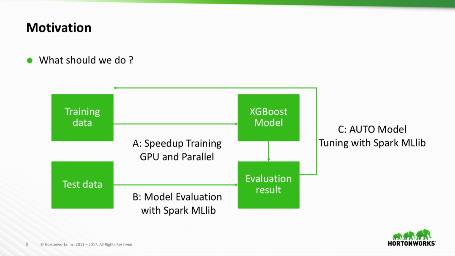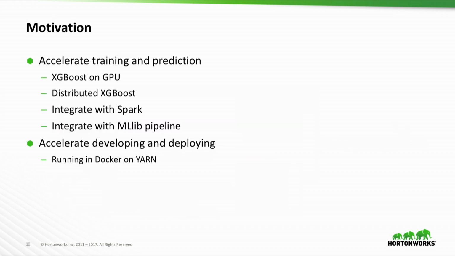So Spark should be one of the best candidates for this kind of workload. Okay, so this is the motivation of our work. In the following talk, we will talk about how to accelerate training and prediction. First, running XGBoost on GPU, and then running XGBoost in a distributed way.